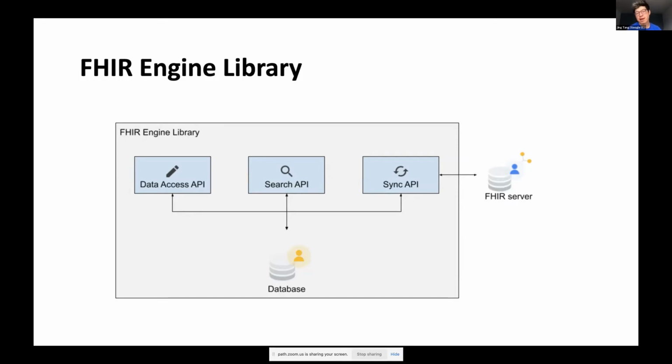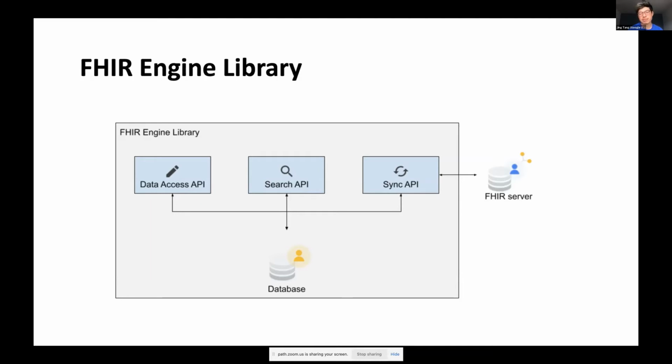The second set of APIs is the search API. What it really supports is searching the FHIR resources, and the structure that we have built the API with is very similar to the FHIR search specifications. We took a lot of inspiration from the search parameters, the way the FHIR RESTful search API is constructed.